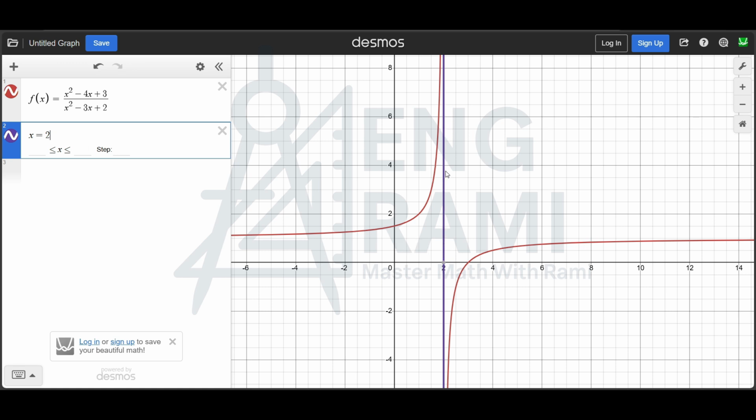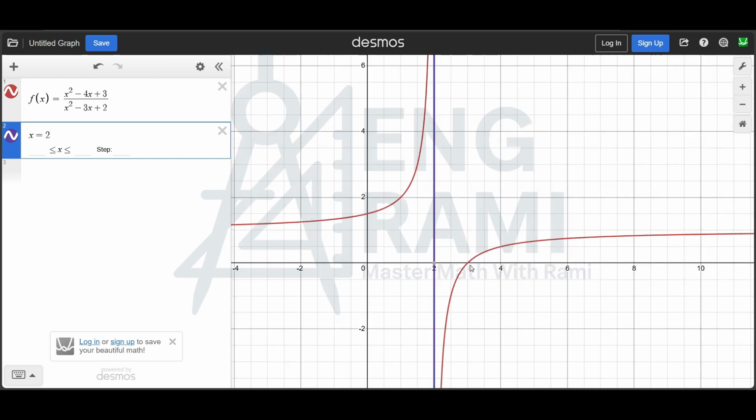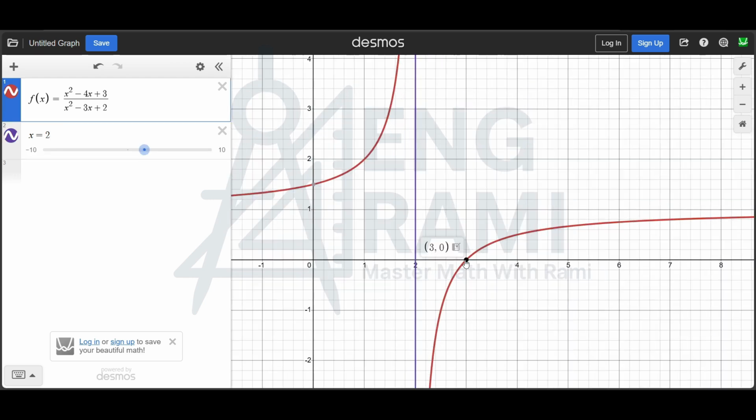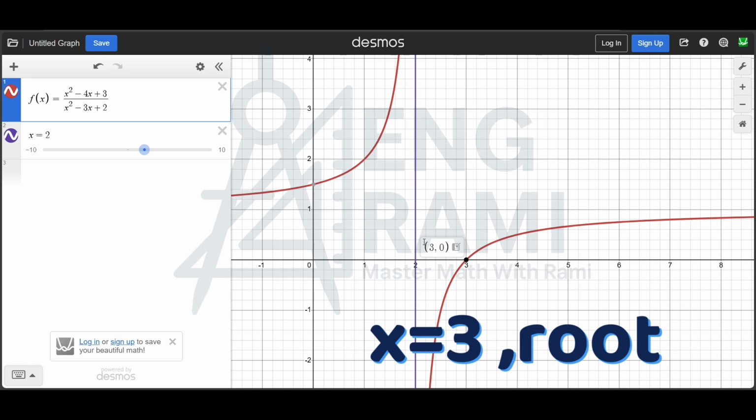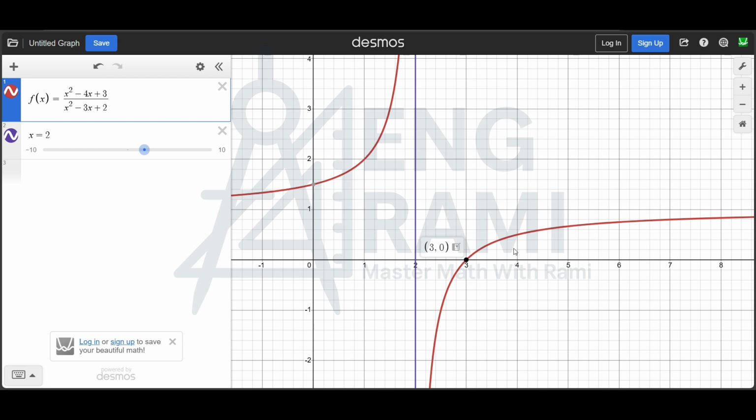If we zoom here, we can see this is our zero at x equals 3, where it cuts the x-axis. Since it cuts the x-axis at x equals 3, absolutely y equals 0. And if we write f of 3, the answer equals 0 here.